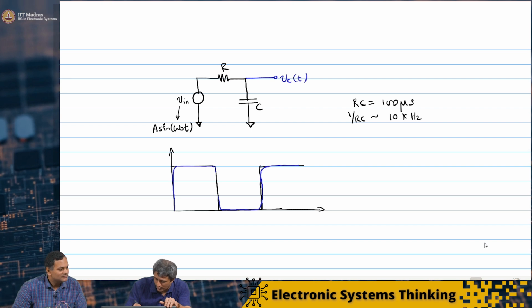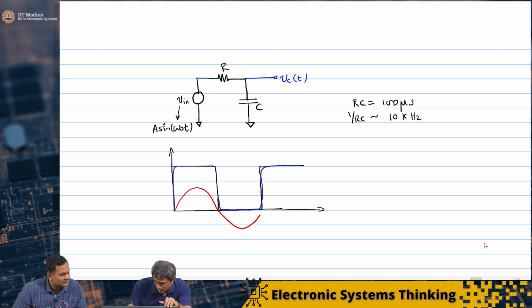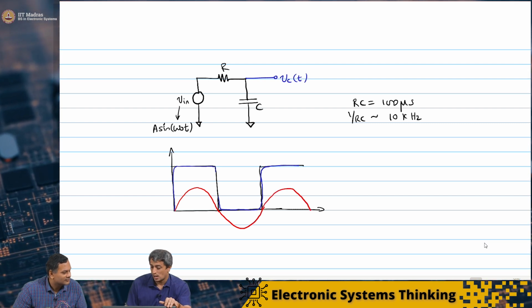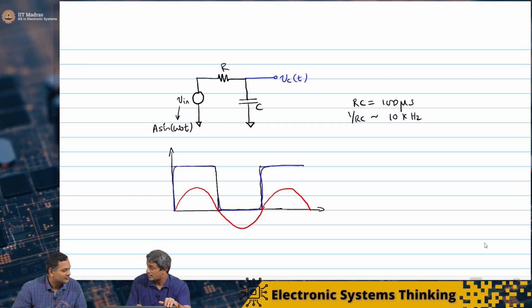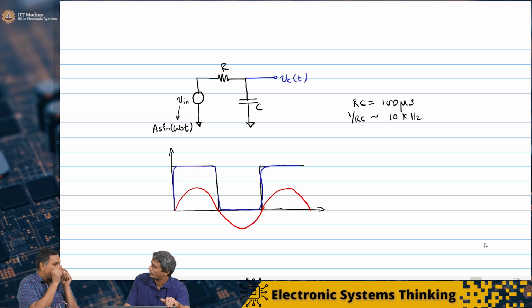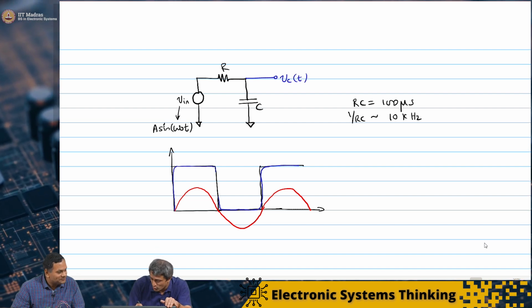Now what we are doing is applying an input, I'll show that in red, something like this, maybe a different amplitude, it doesn't matter. But this signal is again very slow. Can I imagine that sinusoid to be made up of infinitesimally small steps? Exactly.